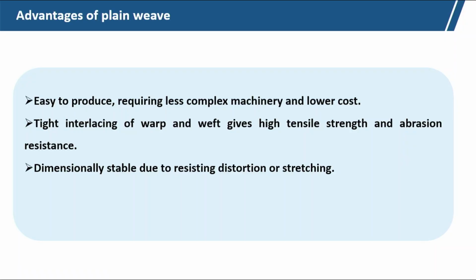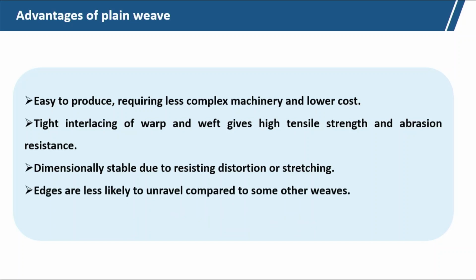Dimensional stability will be high because of the high interlacement, distortion is restricted. Edges are less likely to unravel compared to some other weaves. This is because it is tightly woven, with higher interlacement, and has a smooth and flat fabric surface.